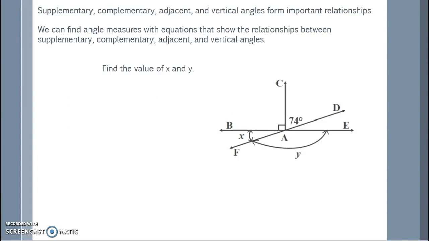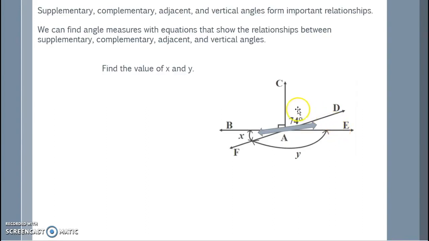Find the value of x and y. We'll assume that CA and BE are perpendicular to one another. I see that angle x is a vertical angle to angle DAE here.